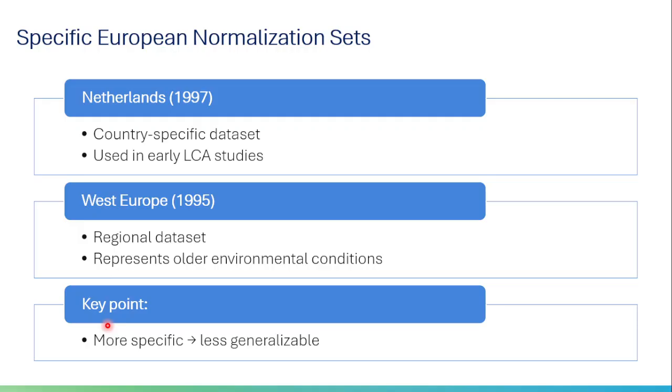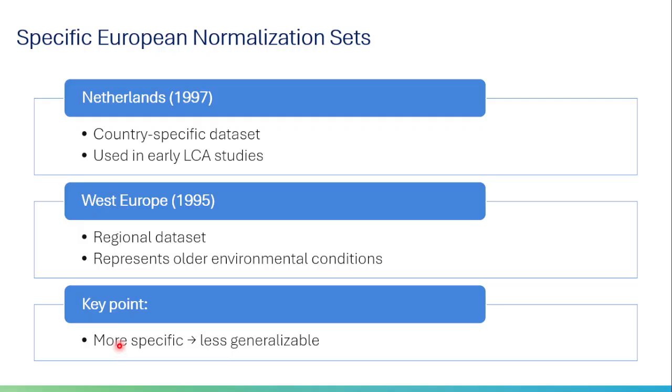The key point is that these data sets can be useful for historical comparison or country-specific studies, but they are less commonly used in modern research due to their limited scope and outdated data.